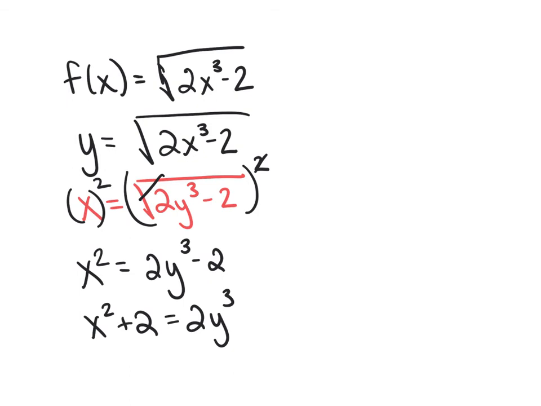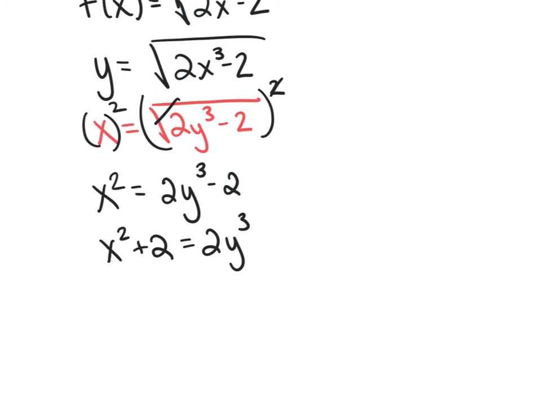I still want to get this y by itself, so I need to get rid of that 2 in the front. So now I'm going to do that by dividing by 2. So I'm going to divide both sides by 2. And I get x squared plus 2 divided by 2 is equal to y cubed. And in my final step, if I want to isolate the y's, I need to get rid of that cube.